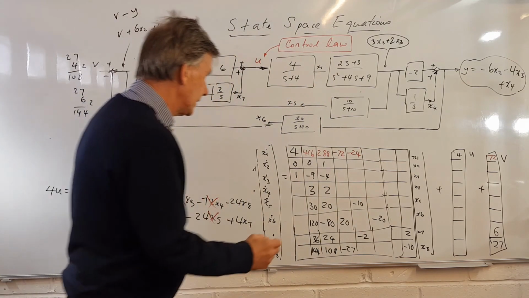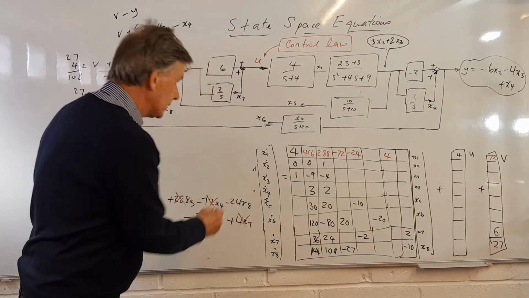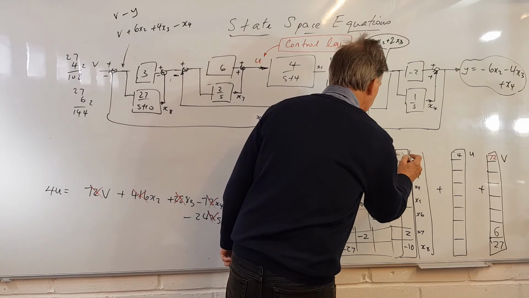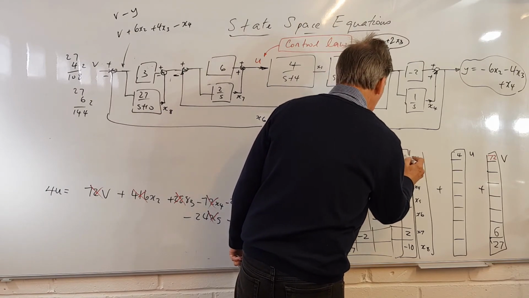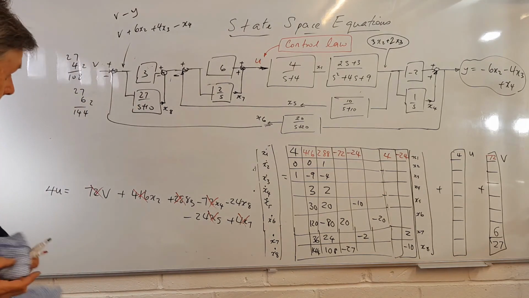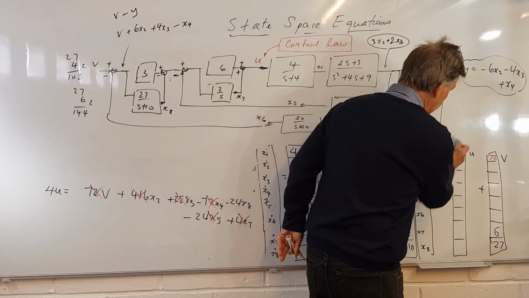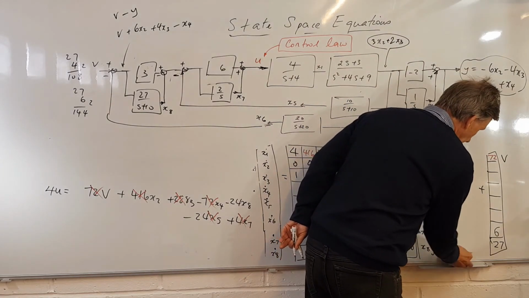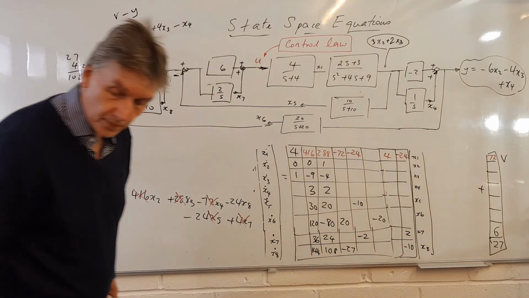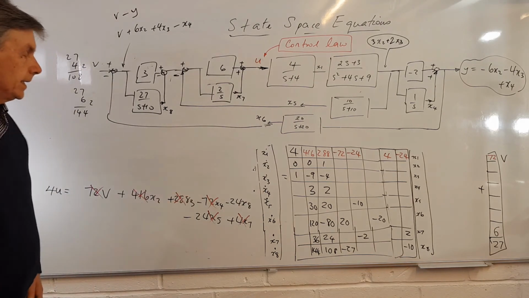Got 4x7, and we've got minus 24x8. Now, because we've done that, we've actually replaced the 4u. So the 4u has disappeared. So that means this part here has disappeared. And these now represent the closed loop state space equations.